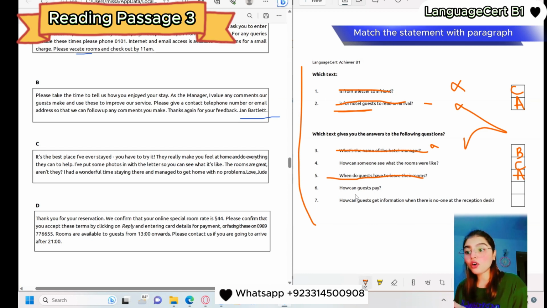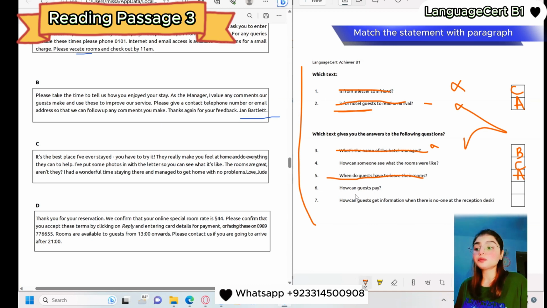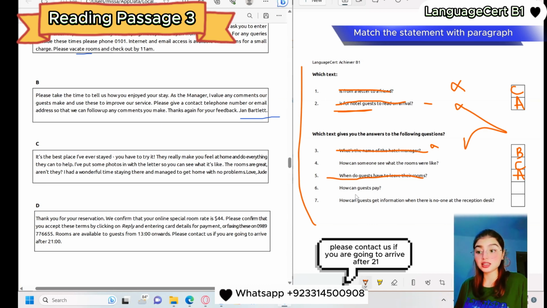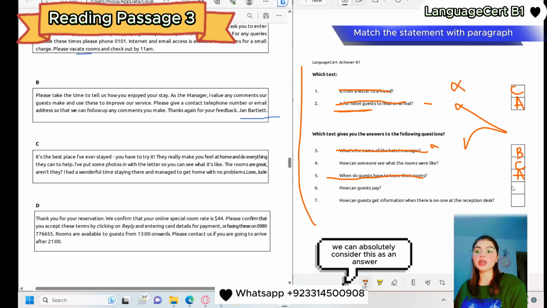For faxing these on 0989776655, rooms are available to guests from 13 onwards. Please contact us if you are going to arrive after 21. That's the time in GMT." How can guests pay? We can absolutely consider this as an answer, that D is that answer.